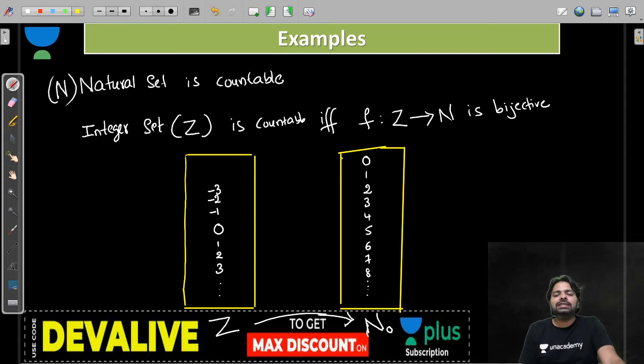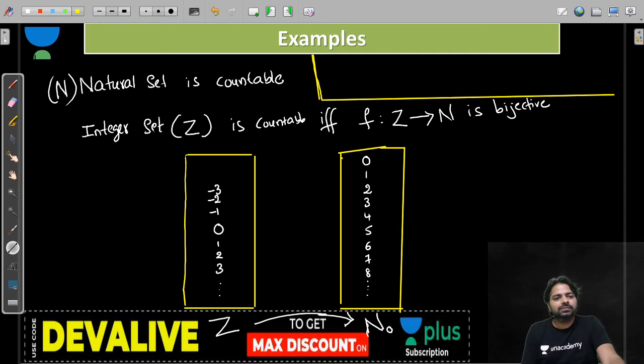Now, bijective in the sense, if anybody is saying f is bijective, it means f and f inverse exist, and they are functions.